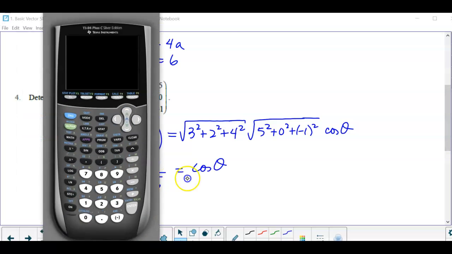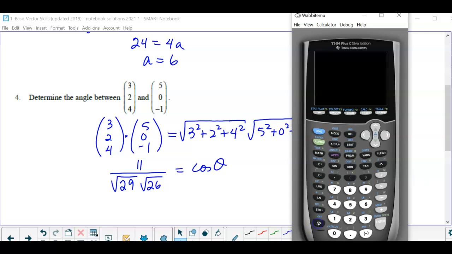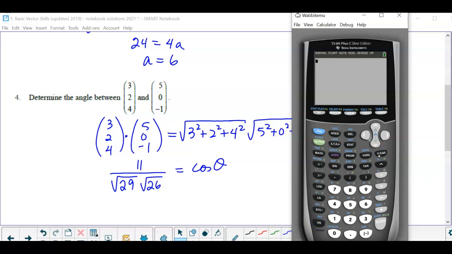Okay, so then you can go second cos. Oh, you need to be in degree mode. Second cos of 11 divided by square root, and you can just do 29 times 26 underneath the square root. And so theta equals 66.4 degrees.